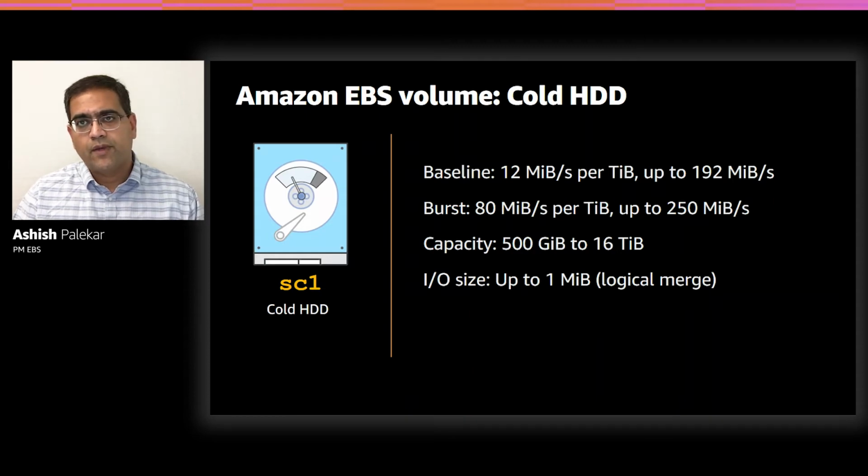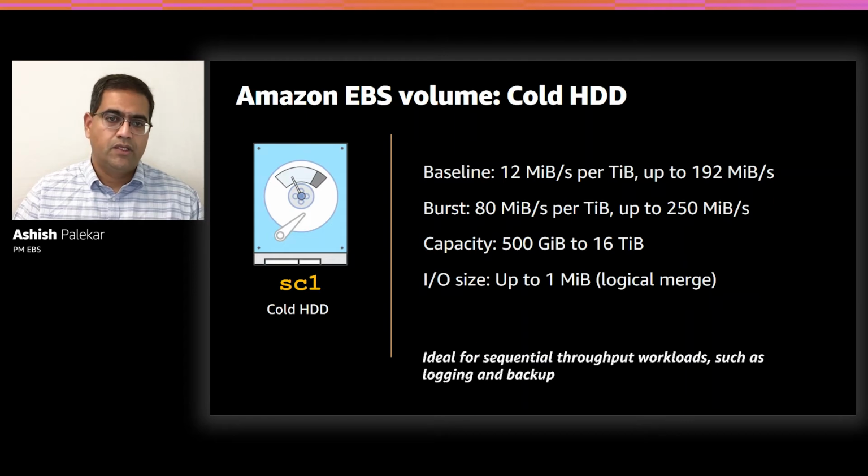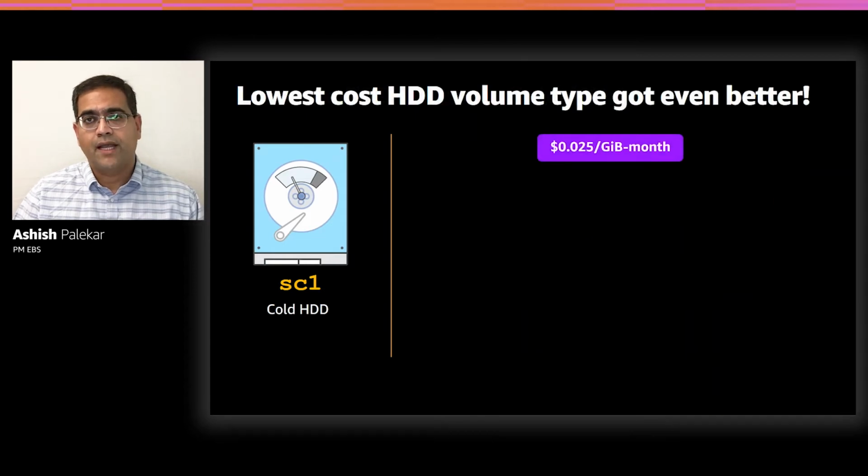So customers came to us about cold HDD and said, can you make it more cost effective? Because it would allow us to store data for longer on EBS. And that's precisely what we've done. So SC1 used to be priced at 2.5 cents a gigabyte a month.